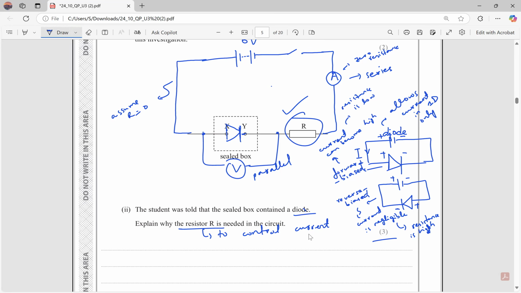Because when the diode is forward biased, like as shown in the diagram right now, the resistance of the diode at this time is low. So the current will be very high in the circuit. If we do not use another resistor in the circuit, what will happen? The current will exceed the allowed value and damage the components. So that's why we're using the resistor here.